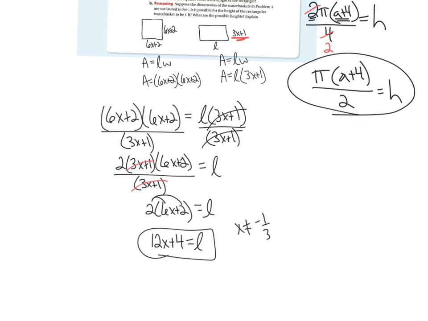So that would be a reason that can't happen. And in fact, x has to be greater than negative 1/3 for this to work. Otherwise, we'd have a negative dimension on our rectangle. So this gives you an idea of how to work with simplifying rational expressions.